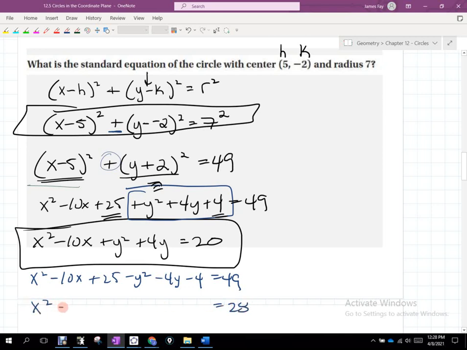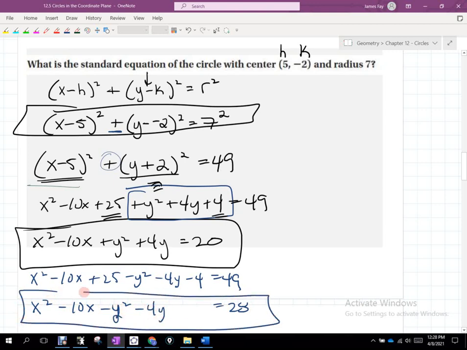You'd have x squared minus 10x minus y squared minus 4y. And if I gave you that compared to that, you would not know which one of those is a circle right off the bat, right? Somebody will show you later on in Algebra 2 how to decipher that.